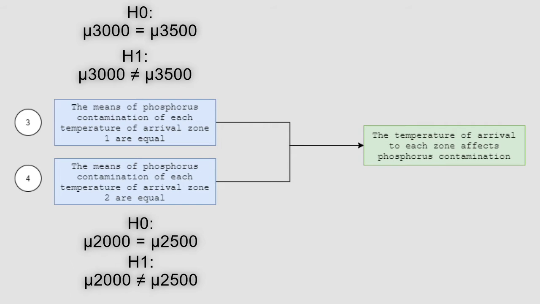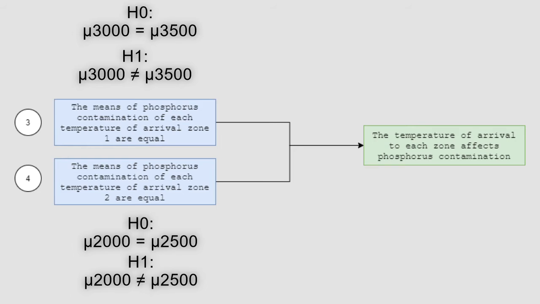For the scientific hypothesis that the temperature of arrival to each zone affects phosphorus contamination, we have 2 different statistical hypotheses. The first one is that the means of phosphorus contamination of each temperature of arrival to zone 1 are equal. H0 here would be mu 3000 equals mu 3500, and the H1 would be that mu 3000 is different than mu 3500.